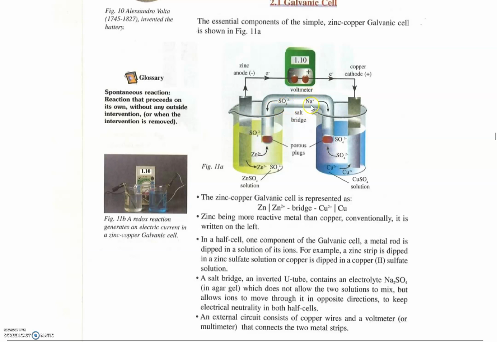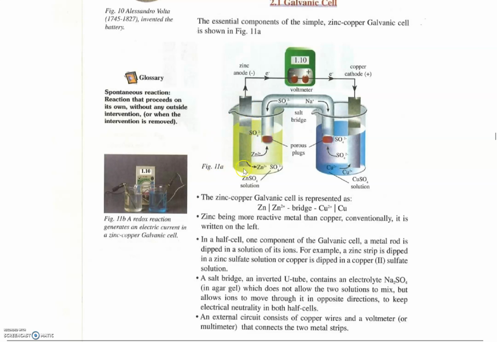And then we have at the cathode the copper, and before the Cu we write the ion of Cu, which is Cu2+.